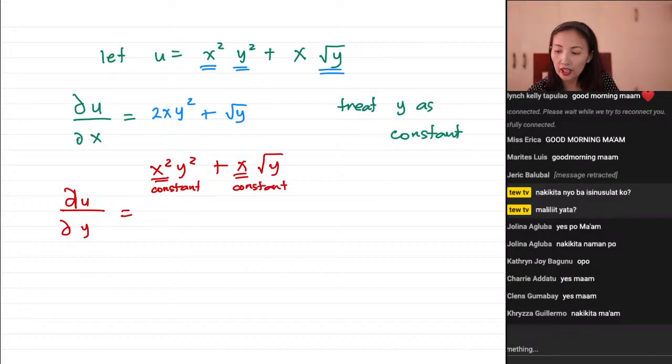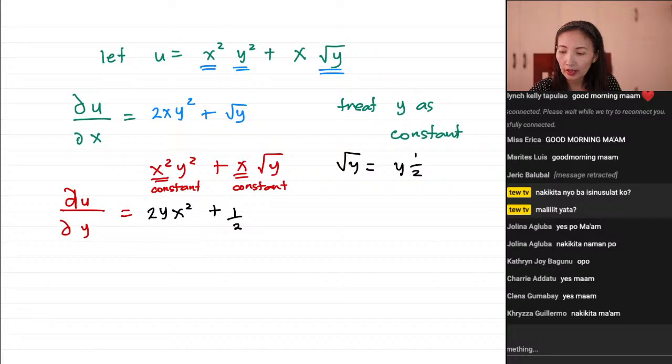The derivative of y squared is 2y, times the constant x squared, plus the derivative of square root of y. Note, square root of y is y raised to 1/2. So, its derivative will be 1/2 y raised to negative 1/2 times the constant x.